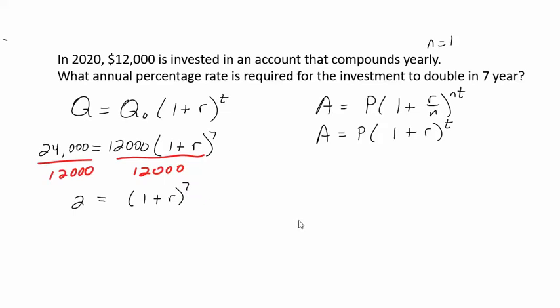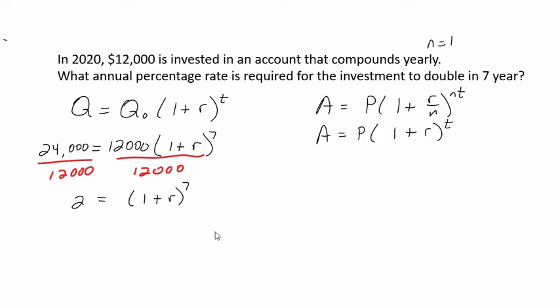Now, this is kind of the tricky part, and depending on your level of algebraic skill and your comfort level, in order to solve this for r, we need to get rid of this 7, and we cannot distribute this 7 into here. That's not algebraically correct. What we need to do is take both sides to the 1/7 power, or take the 7th root.